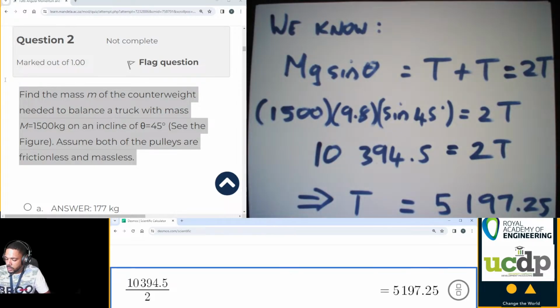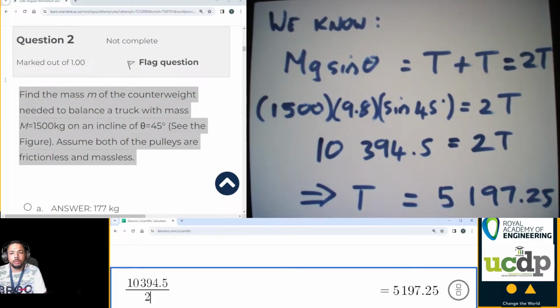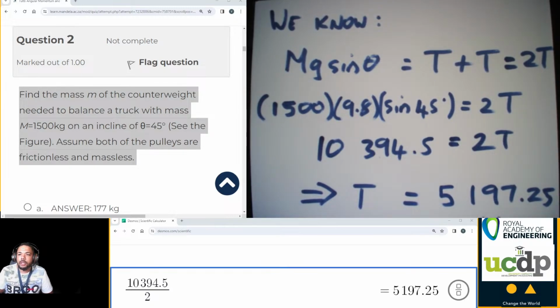When dealing with pulleys, the easiest thing to do is to work out the torque. The torque for a pulley is just the radius multiplied by the force, nothing but the radius multiplied by the force.